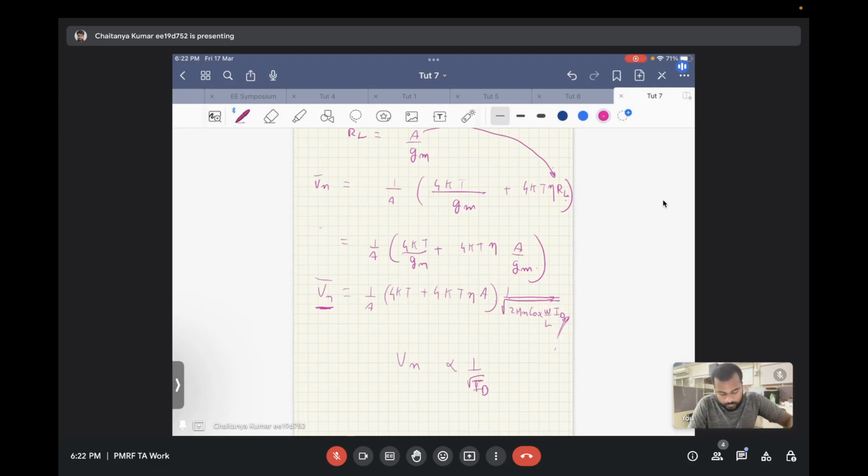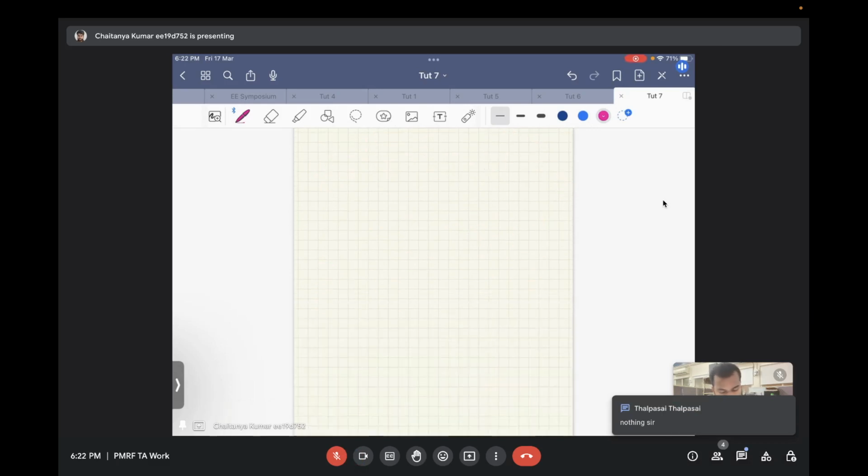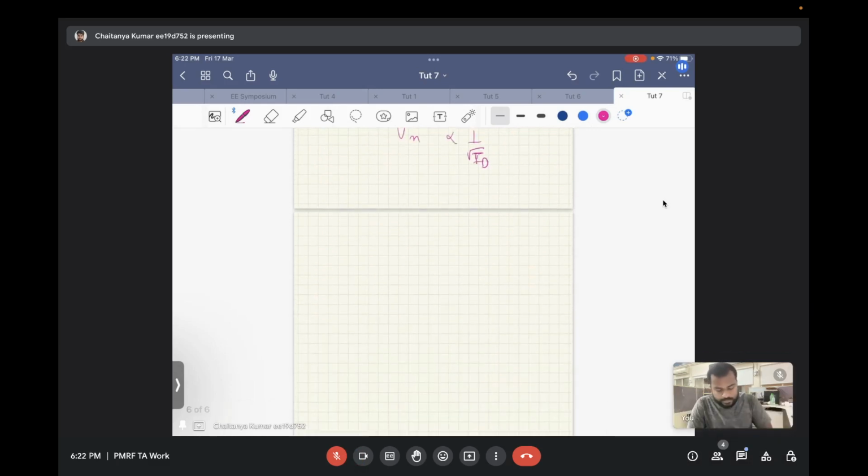So you can burn more power to get lesser noise, or you can reduce power and pay the penalty in noise. Any doubts in this? Okay, so we will move forward.